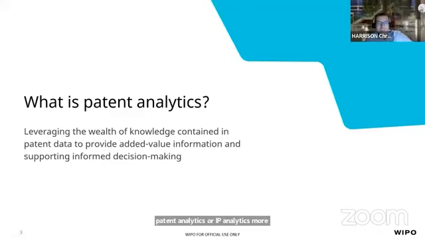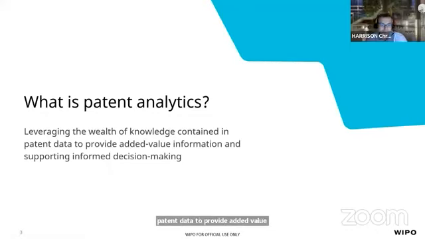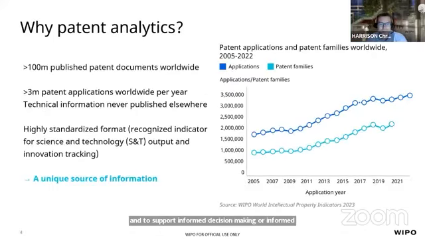So what we do is we leverage the wealth of knowledge that's contained in public patent data to provide added value information and to support informed decision making or informed policy making. So why do we do this type of work? Well, there is a wealth of patent data that's publicly available in patent registers around the world.